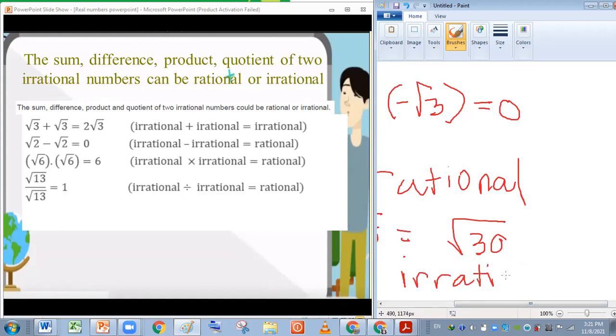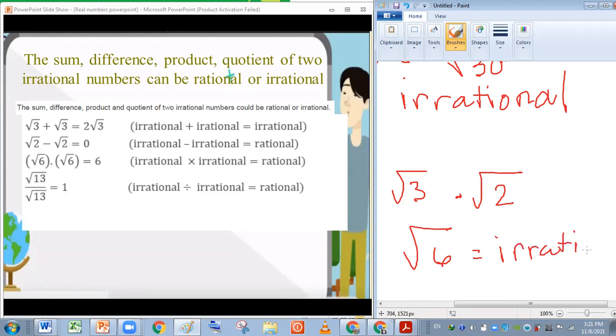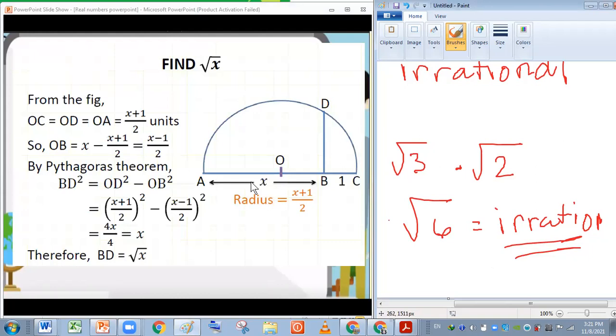Correct? Or we make a smaller example, like the root of 3 times the root of 2, which is the root of 6. This is still irrational. So it can either be irrational or, in another case, rational.